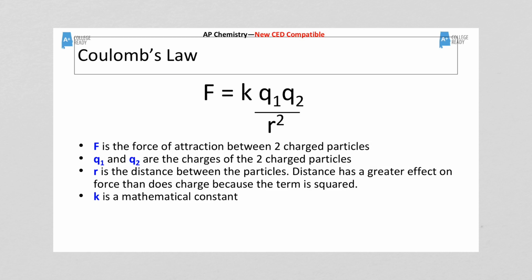Okay, Coulomb's law. We'll talk about this now in Unit 1 as we talk about periodic trends, and it will help you be able to explain and understand periodic trends, and it will also be used in Unit 2 with ionic bonding. One thing you need to know about this law is that it's a relationship we need to understand.